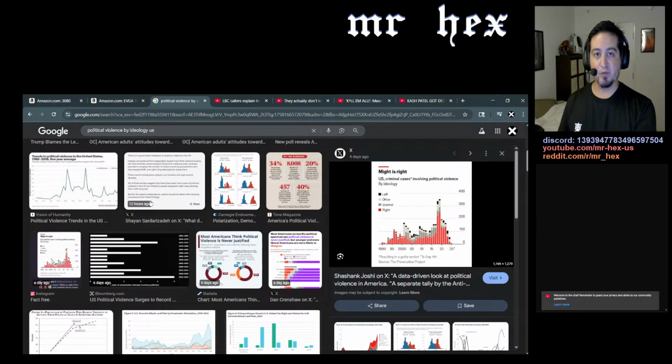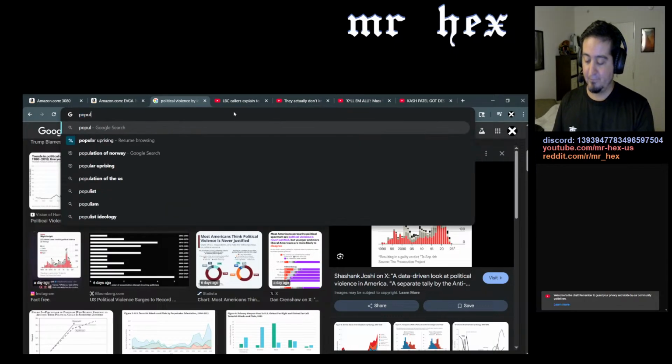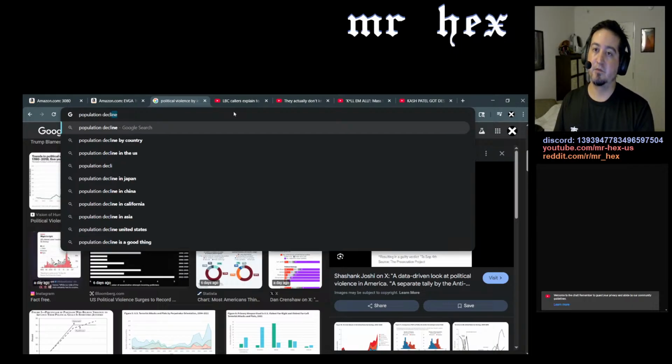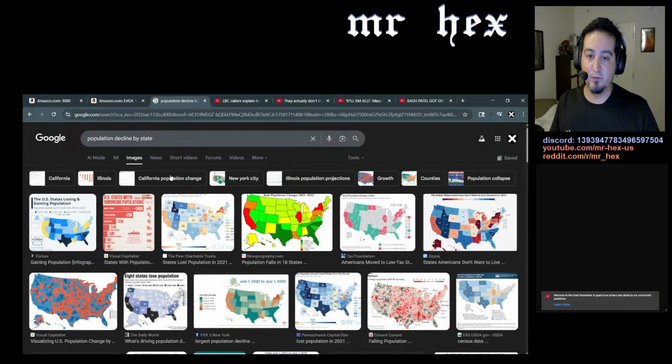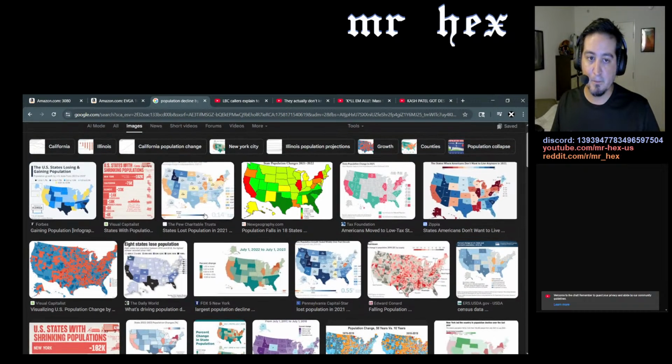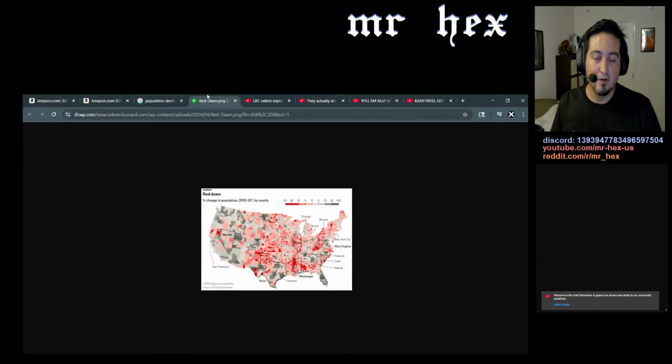Conservative media cherry picks. They talk about, for example, the exodus out of California. You know what they don't talk about? They don't talk about the exodus that's been going on from conservative states. Look at this right here. The red means population decrease.